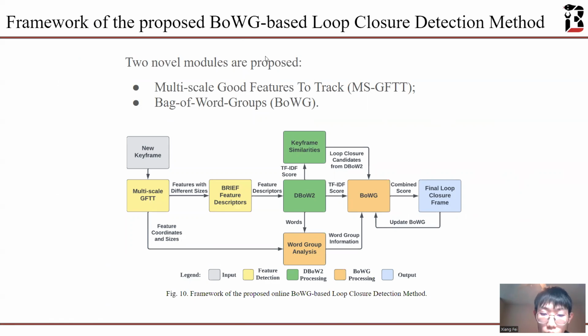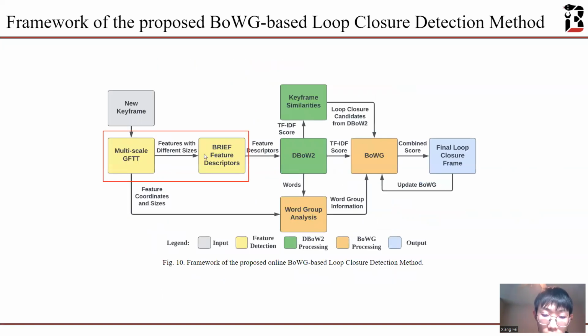This is the framework of our proposed BoWG-based loop closure detection method. Two novel modules are proposed: multi-scale good features to track, MS-GFTT, and bag of work groups, BoWG. For the workflow, first, when a new keyframe is detected by the SLAM system, the proposed MS-GFTT method is applied to extract visual features with different sizes and uses BRIEF to compute the feature descriptors.